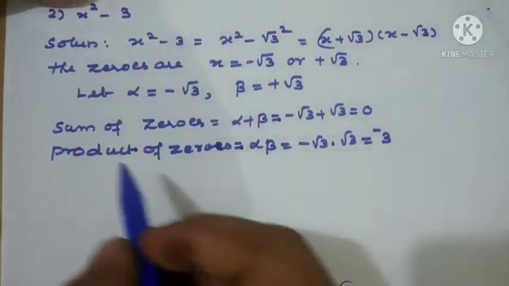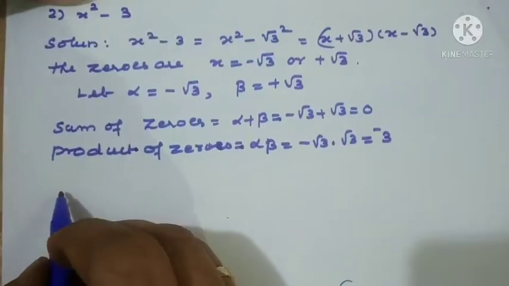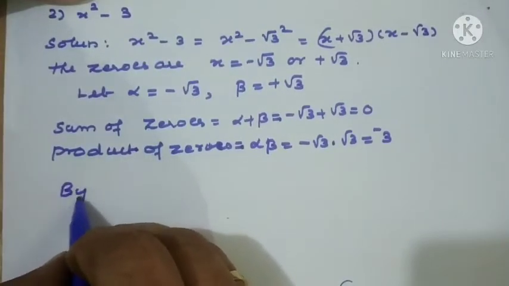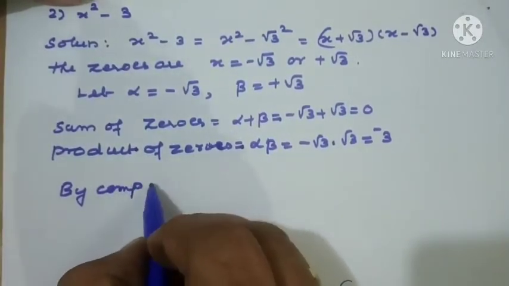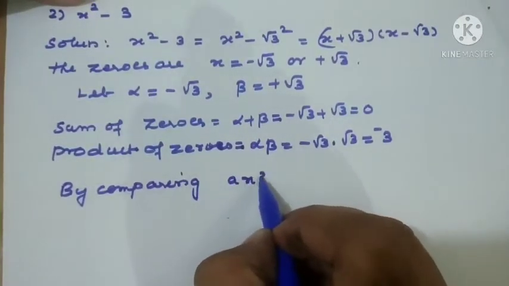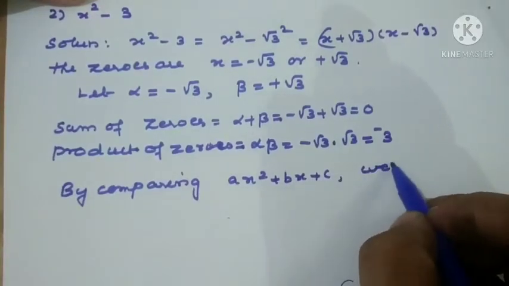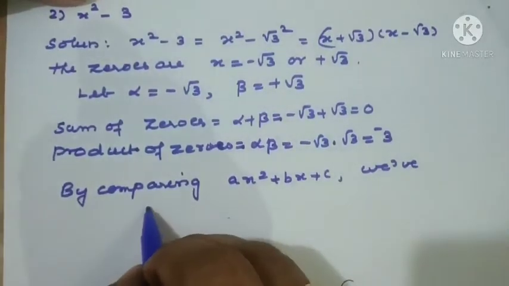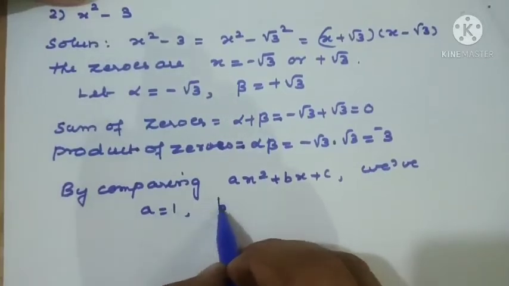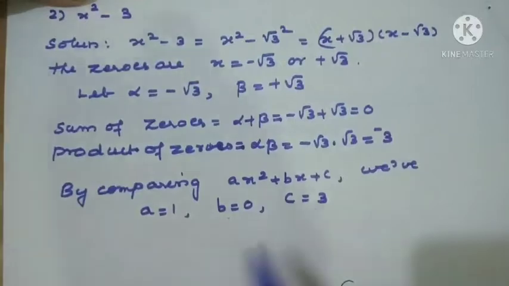Now what is the next step? We should go for the comparison, right? So by comparing ax square plus bx plus c, we have a equal to 1, b equal to 0 and c equal to 3 only. Sorry, minus 3 only, right?